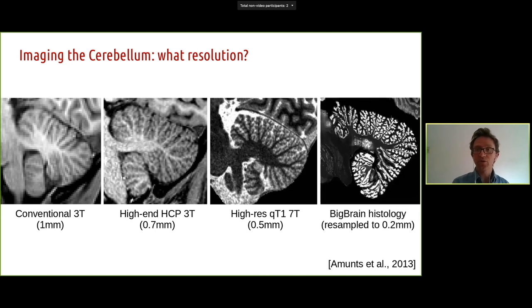Unfortunately, if you really want to start looking at the details of the cortex, you have to go to post-mortem imaging, and even in this case, the histology, as with the BigBrain data set, here resampled at 200 microns, finally gives you enough resolution to start looking at the surface itself.